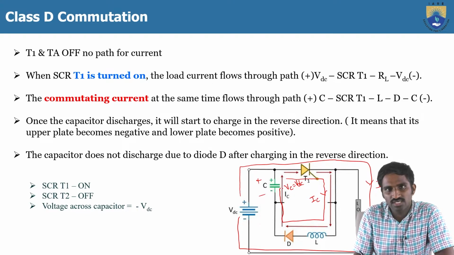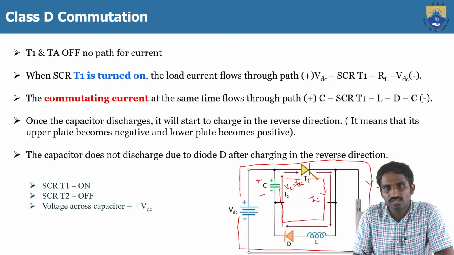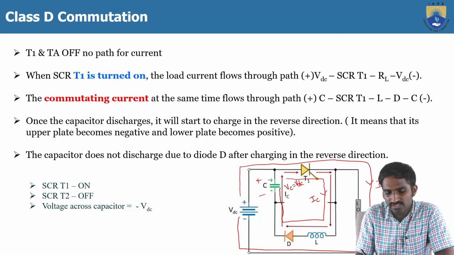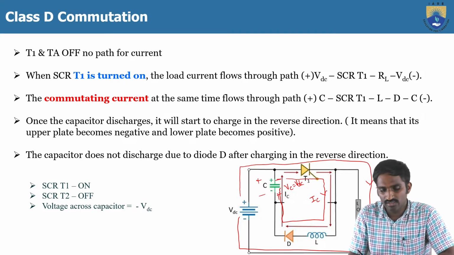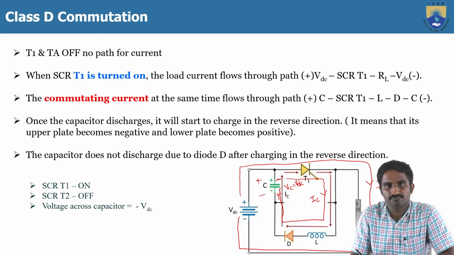Once it is discharged, because we are supplying VDC, it will charge again. But in this case, when it is discharged, the terminals will change, and it will charge in the reverse direction, which means the upper plate is negative and the lower plate is positive.